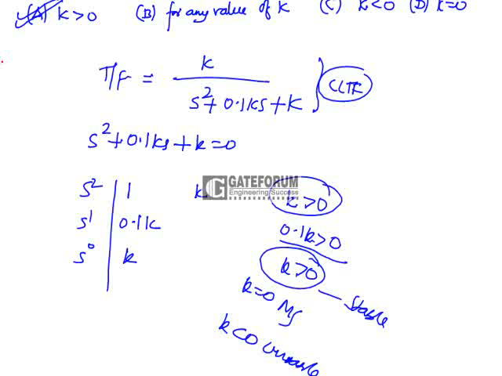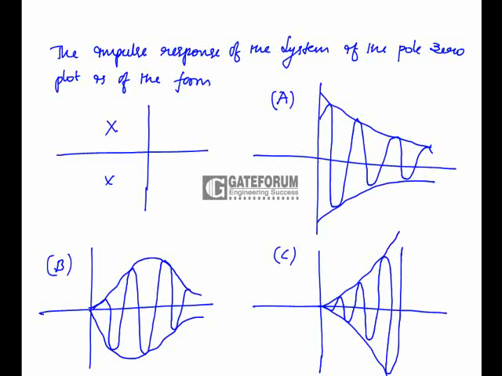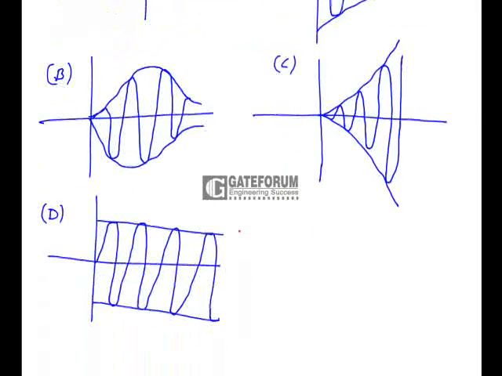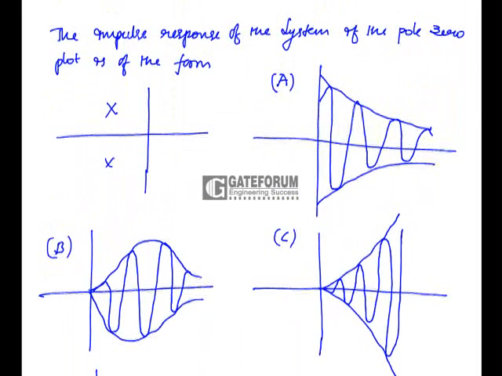The response of the system is shown in the figure. What is the pole zero plot of the form? Now he has given four options, and there are two poles on the left hand side. This is the real axis and this one is the j omega axis. Let us take this as minus sigma and the pole at these points as j omega.